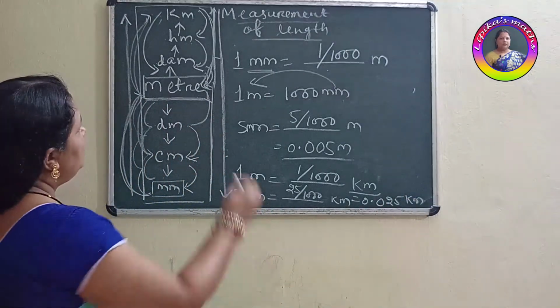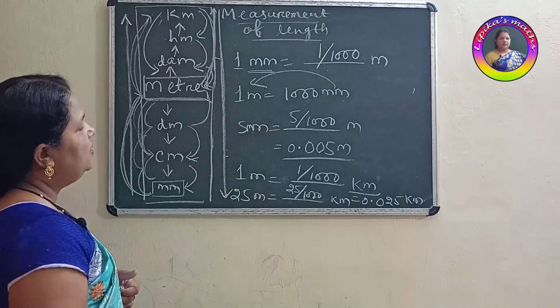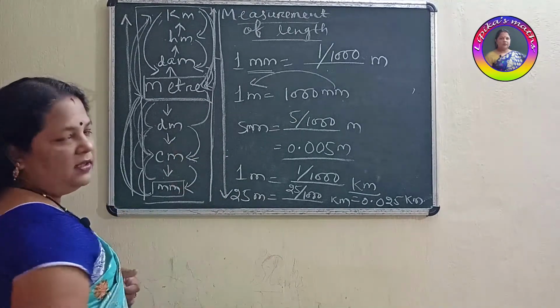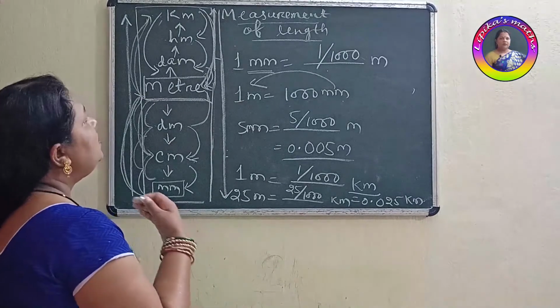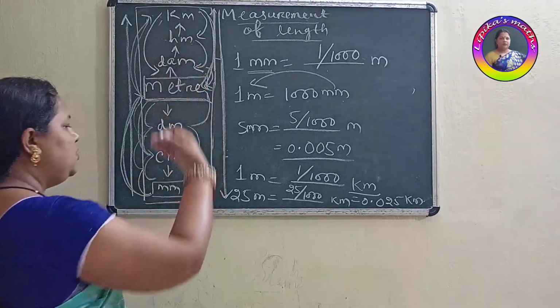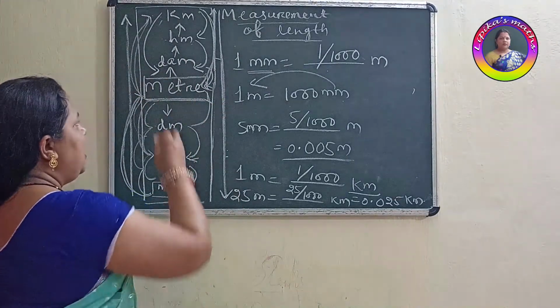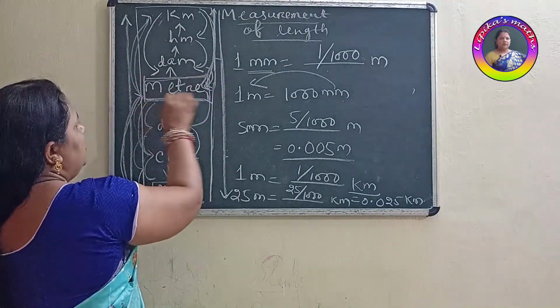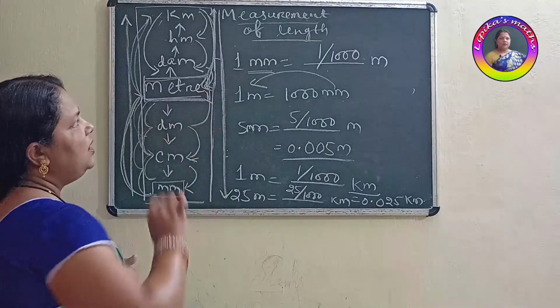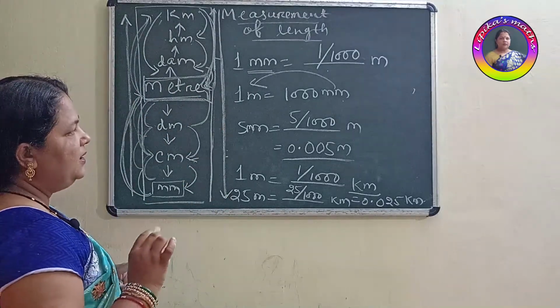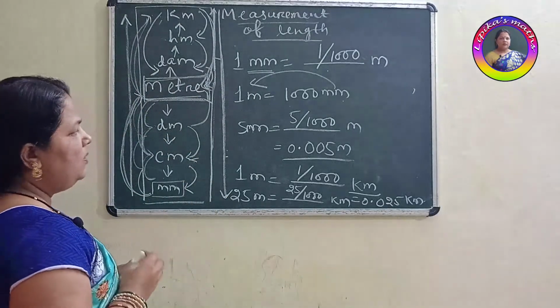Got it, children? So this is your conversion of these length units, how to change from higher unit to lower unit, what are the higher units, what are the lower units, and what is your standard unit. Okay, so this is all about your measurement of length and conversion of your units.